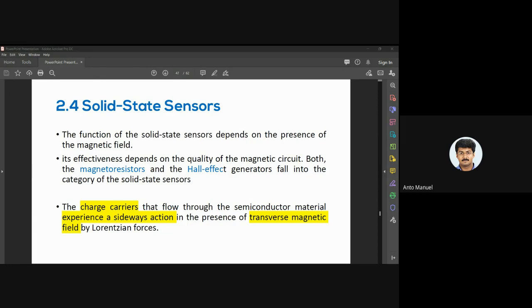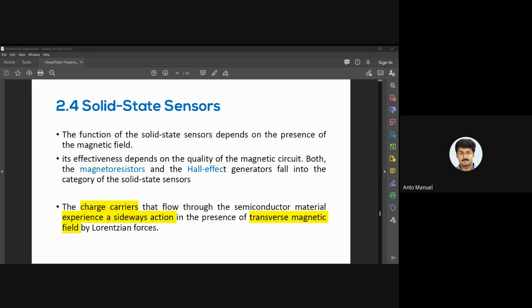If you keep a conducting material near a magnetic flux, and the conductor carries current, then any change in the magnetic flux in the surroundings will automatically influence the flow of current, or flow of electrons, through that material. That is the main basic principle of a solid state sensor.